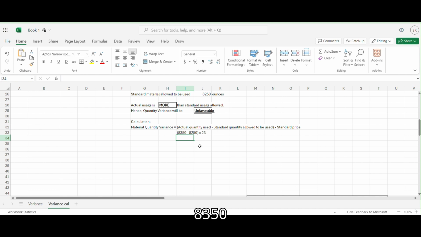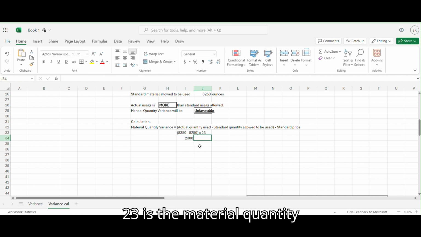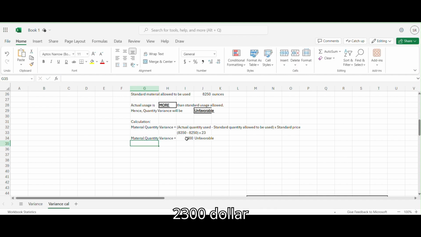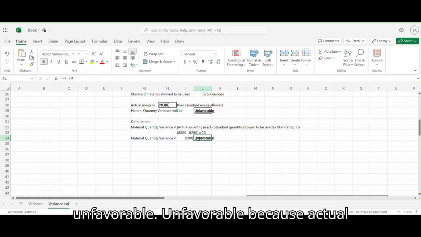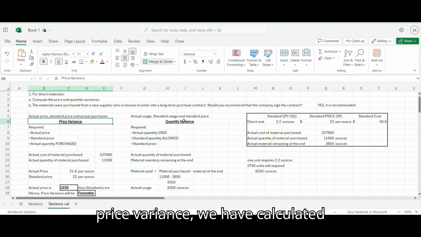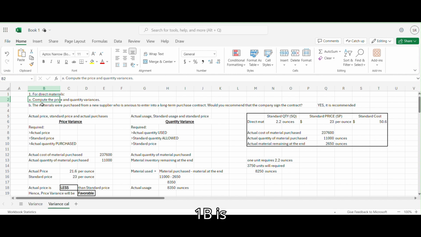So 8,350 minus 8,250 times 23 gives 2,300, the material quantity variance. Material quantity variance is $2,300 unfavorable because actual usage is more. So we have calculated price variance and quantity variance, that is requirement 1A.